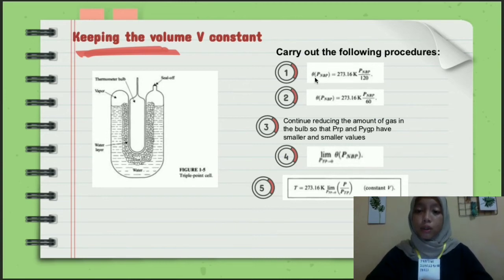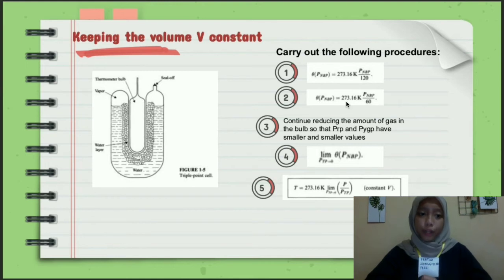In this procedure of keeping the volume V constant, the first step is to surround the bulb with steam at standard atmospheric pressure. So we have the equality: theta of PNBP equals 273.16 Kelvin times PNBP divided by 120.